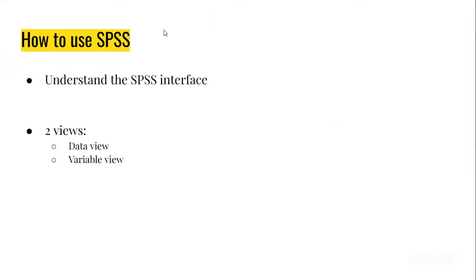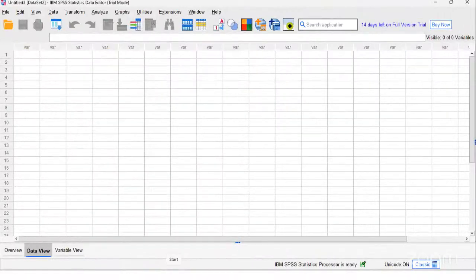Okay. So now, how to use SPSS. The most important thing is to understand the SPSS interface, and there are two views, the data view and the variable view, that we are going to look at now. So this is our data view. Here we can see at the top bar: file, view, data, transform, analyze, graphs.